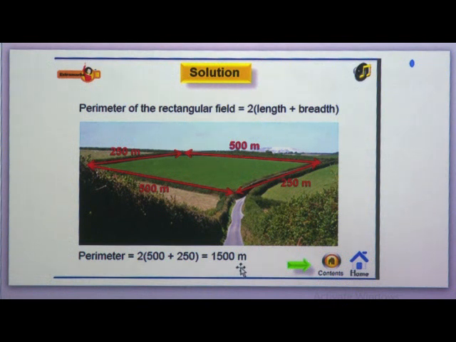We can also say that the sum of all sides of a rectangular field gives the same result, but when we have large units, we use the formula, which is easier. It is not easy to count every time with addition. So, in this way we found the perimeter, which is 1500 meter.